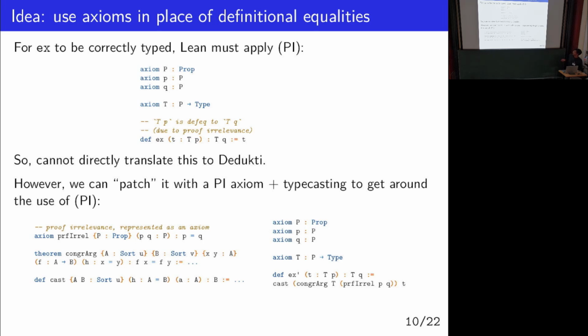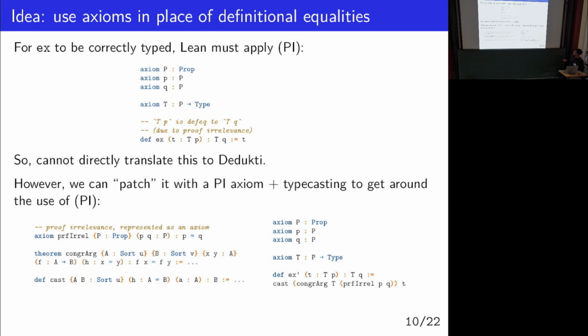So here we can add this proof relevance axiom. As you'd expect, given any proposition and two proofs of that proposition, it gives you a propositional equality of those two proofs. And here is the congruence argument principle. So we know what that is.